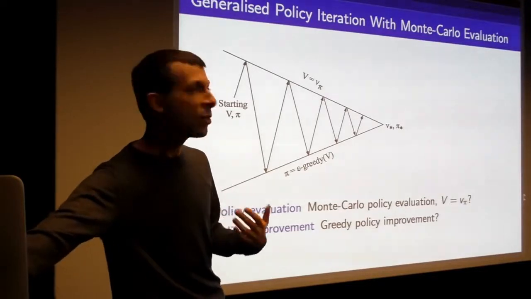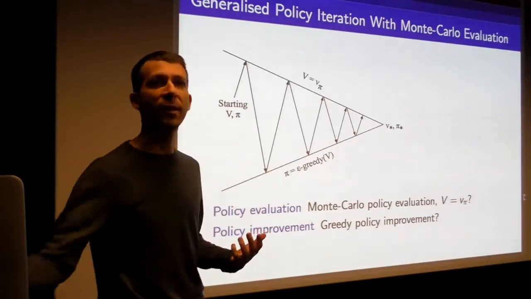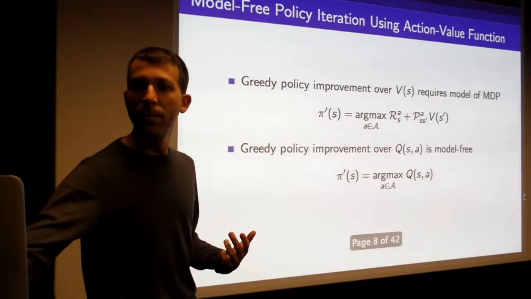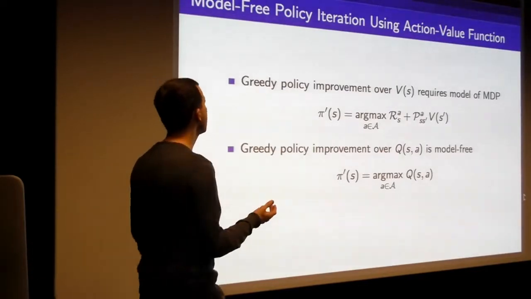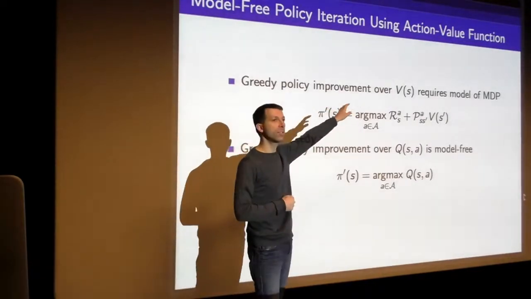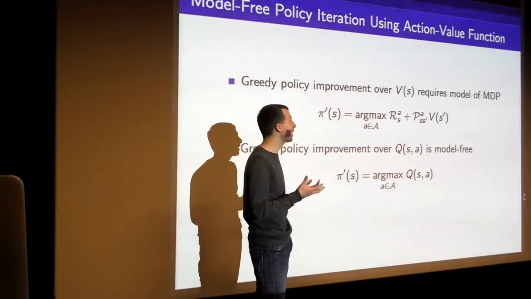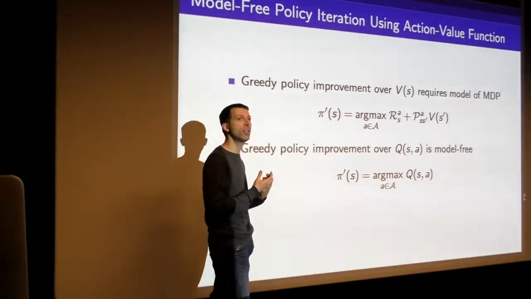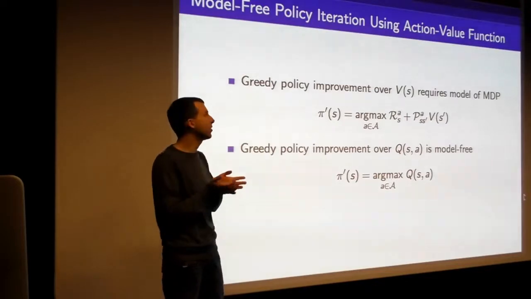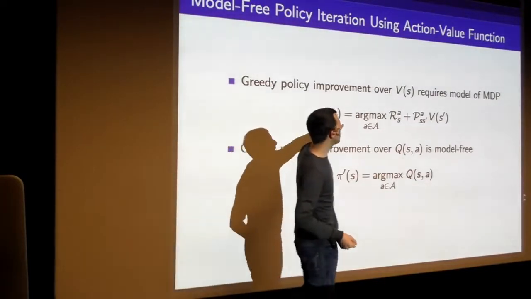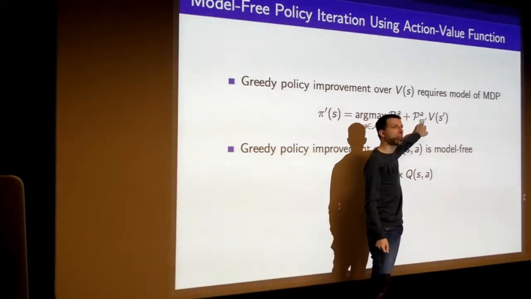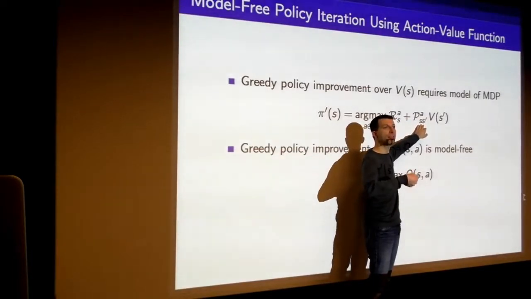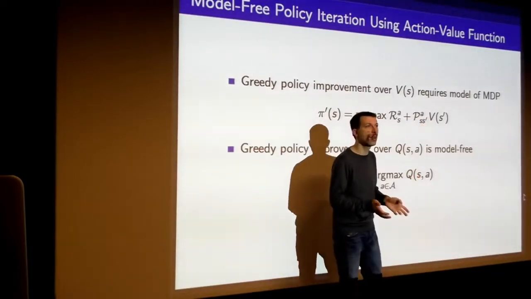So the issue is that we're trying to be model-free, actually. We want to be model-free, but how can you be model-free when you're using the value function, v? If you only have the state value function, and you want to act greedily with respect to it, you still need a model of the MDP to figure out how to act greedily. You only know the value of each state.